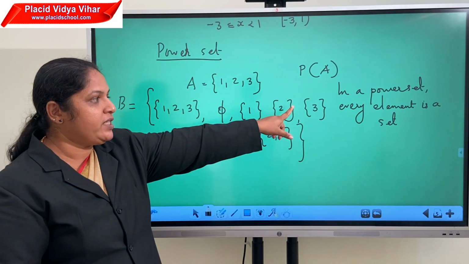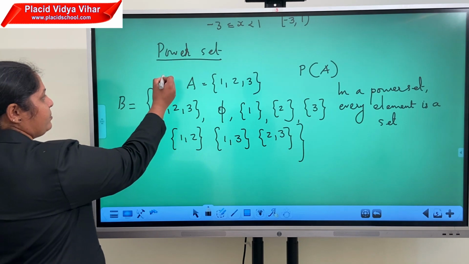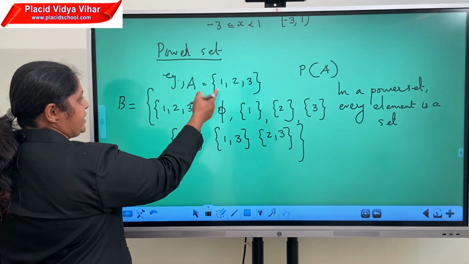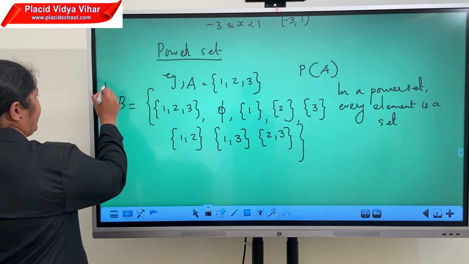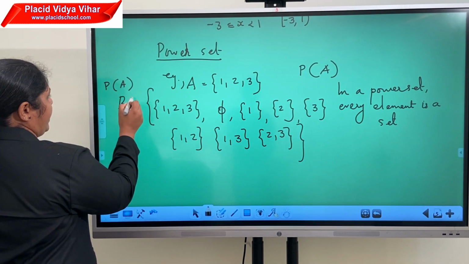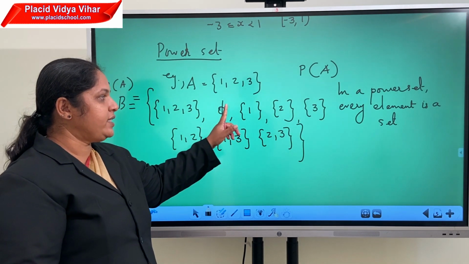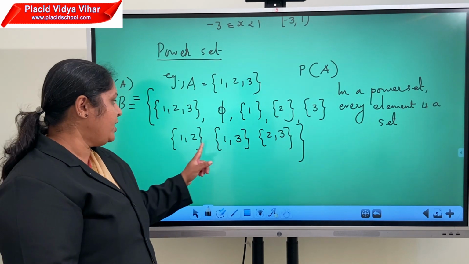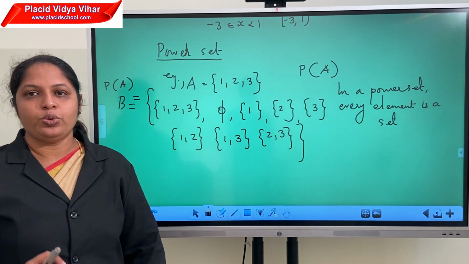Therefore, in a power set, every element is a set. Write this example. A = {1, 2, 3} and write the power set of A as {{1, 2, 3}, null set, {1}, {2}, {3}, {1, 2}, {1, 3}, {2, 3}}.